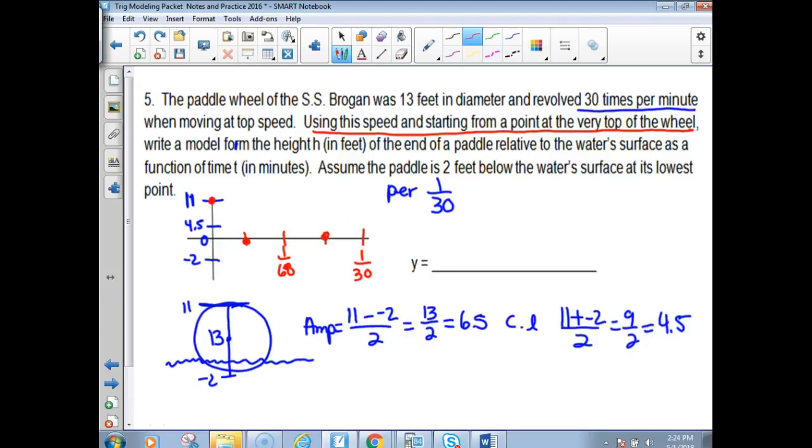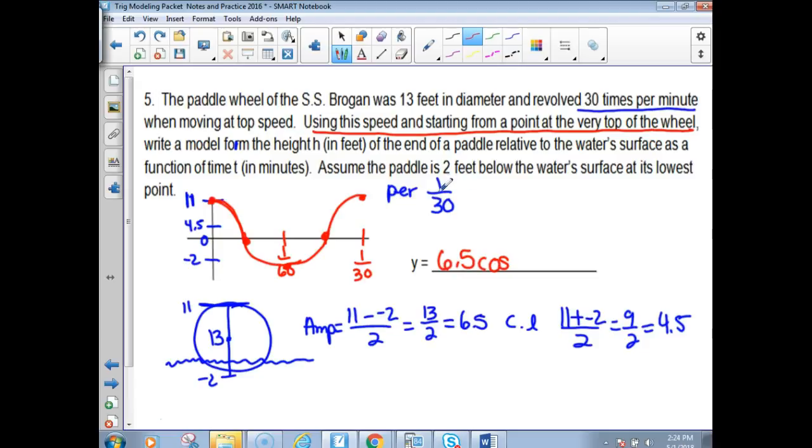Then we're back to the center line. Then we're back to the max. Oops. All right, so I'm going to sketch the motion or the height of the paddle wheel over time at one given point on the wheel. It's not a sine, is it? This is a cosine. All right, so our amplitude was 6.5 times the cosine.